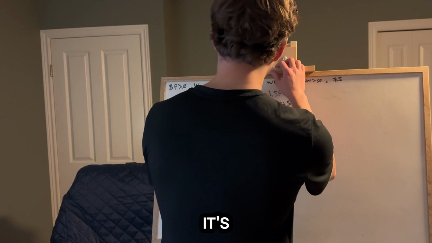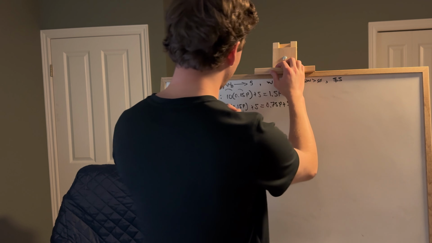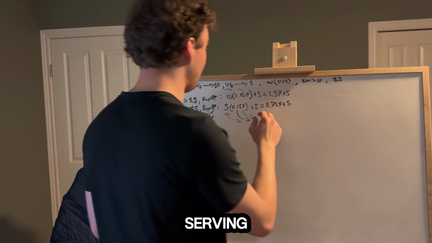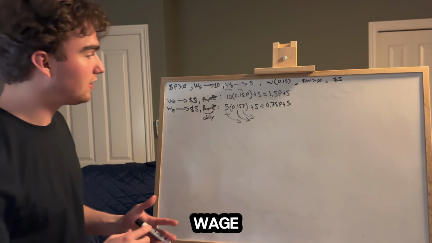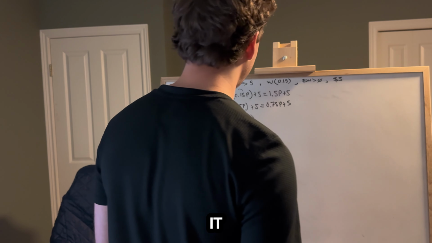So it's quite simple. Price of food times the tip on it, 0.15, times the amount of guests that you're serving, plus your wage. So the story makes sense. And then you can simplify it down a bit.